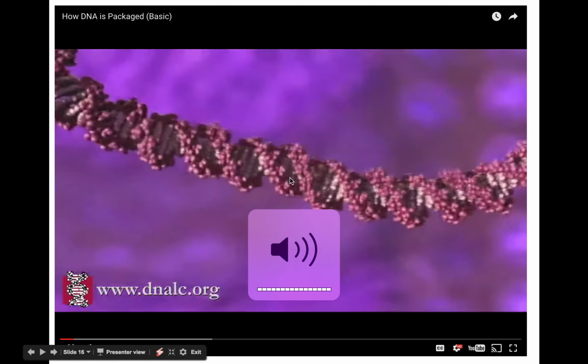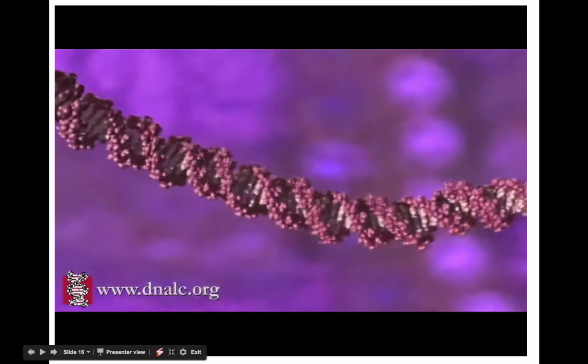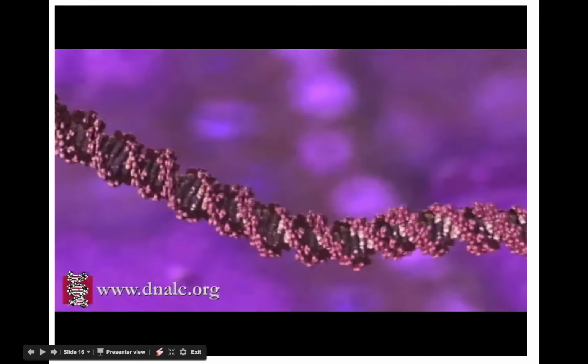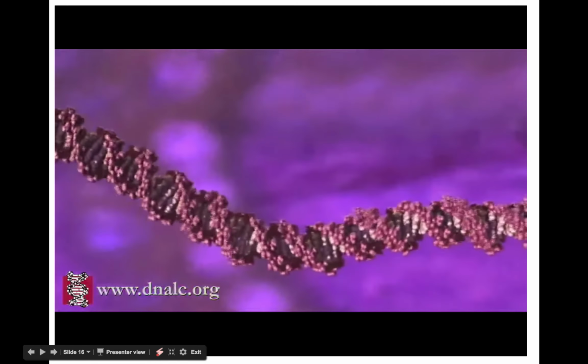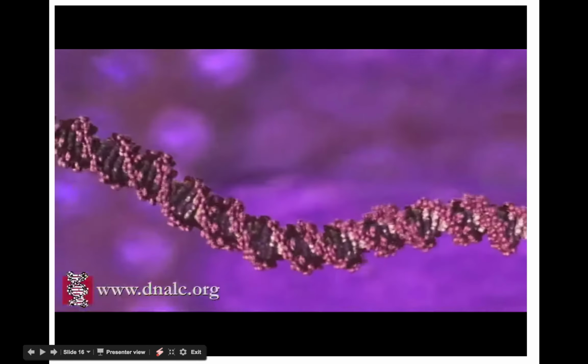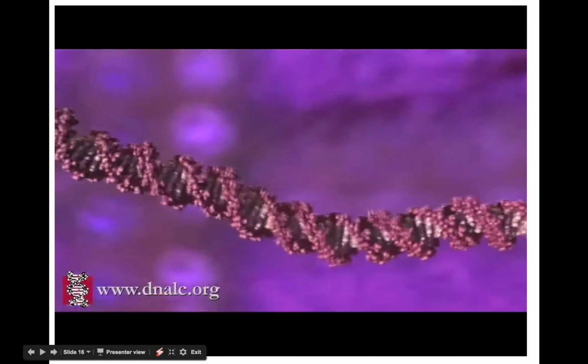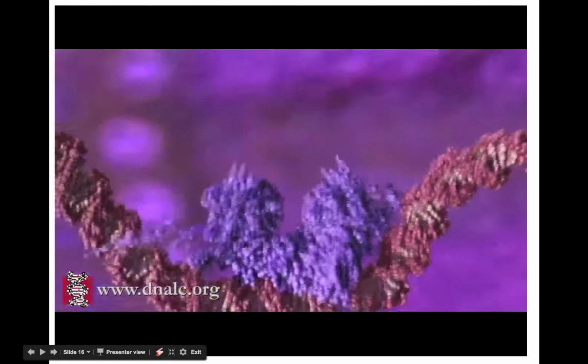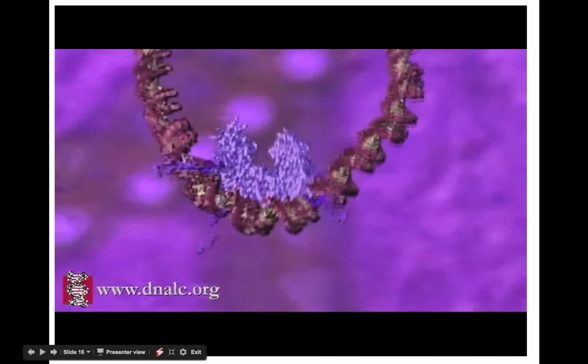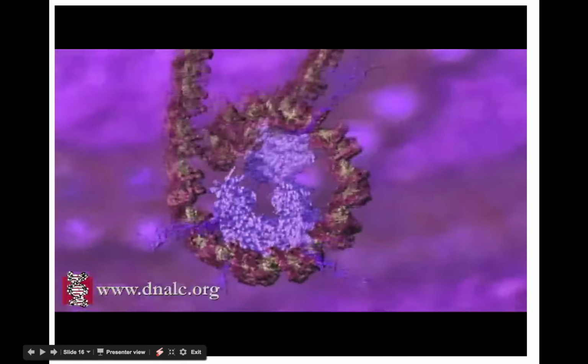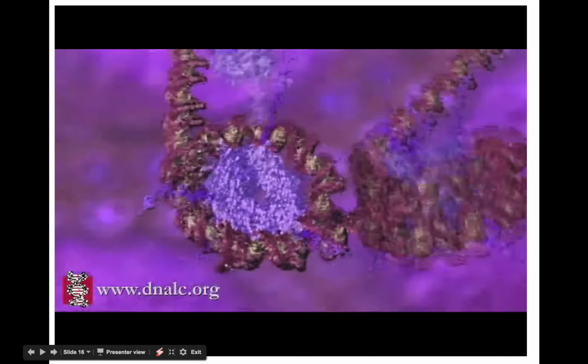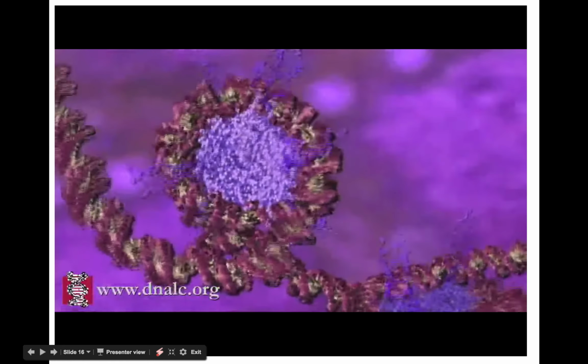We'll see the remarkable way our DNA is tightly packed up so that 6 feet of this long molecule fits into the microscopic nucleus of every cell. The process starts when DNA is wrapped around special protein molecules called histones. The combined loop of DNA and protein is called a nucleosome.